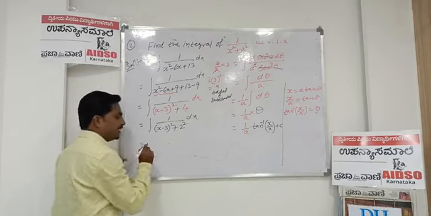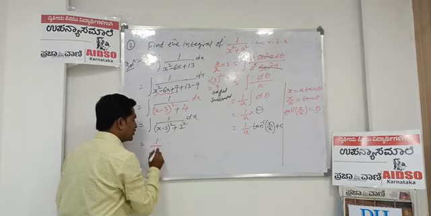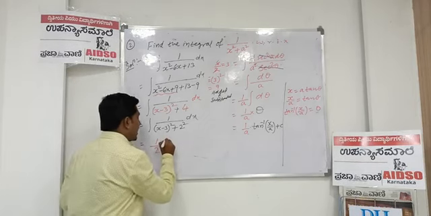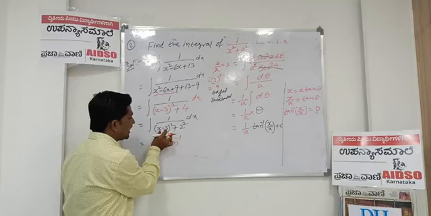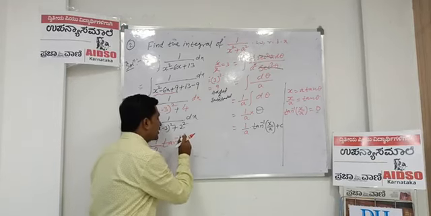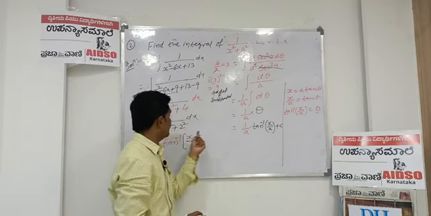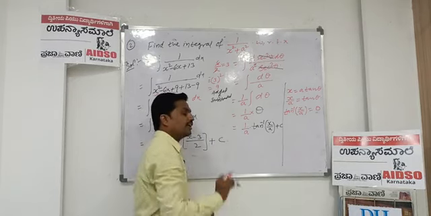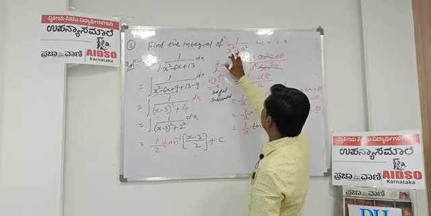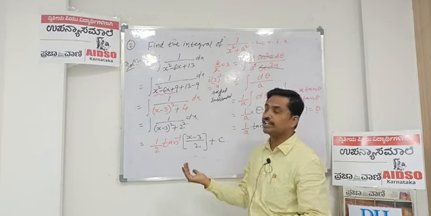So we can apply it directly. The a value is 2, so 1 upon 2 tan inverse x, where the entire x value is x minus 3, upon a value 2. This is the required answer to be evaluated for this question. This is how we can simplify.